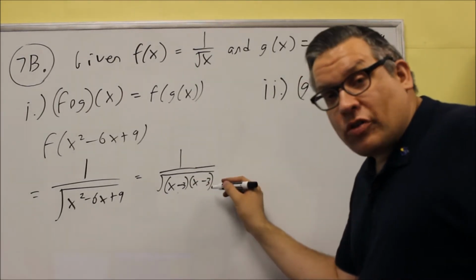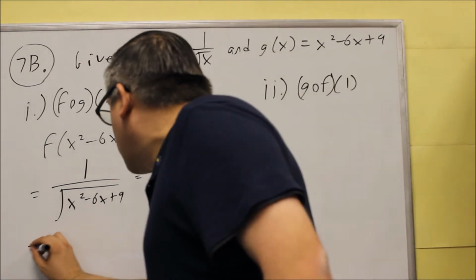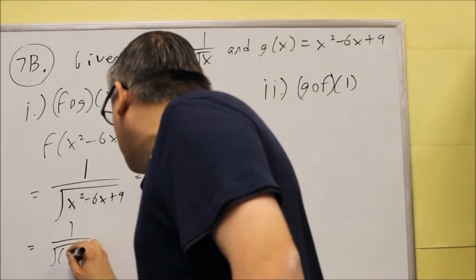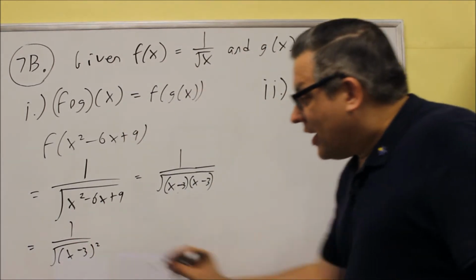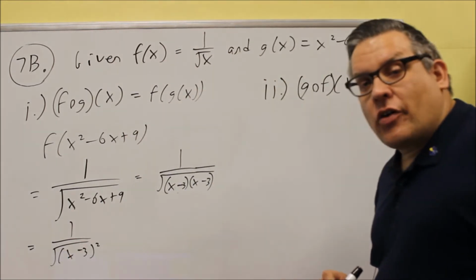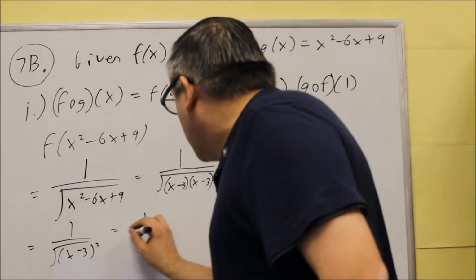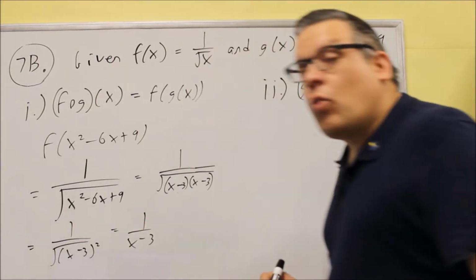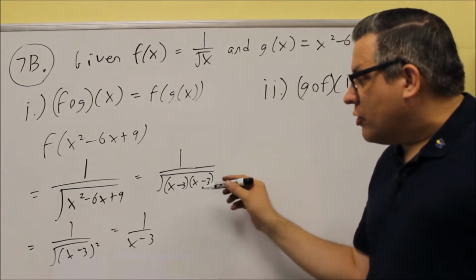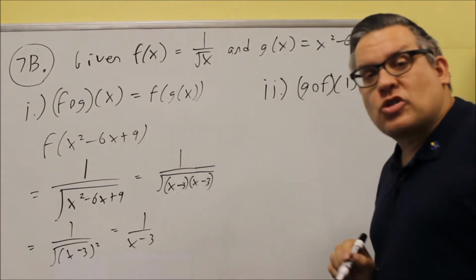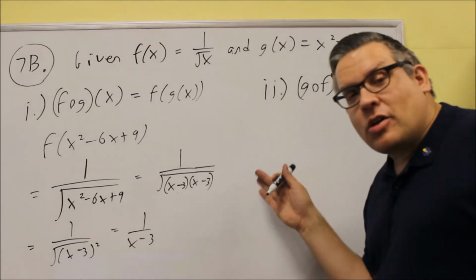Now I can do one more thing as far as simplifying is concerned. I can write that as 1 over square root x minus 3 quantity squared, and the square root is going to take care of the square here, leaving you with 1 over x minus 3. Now it's very important to note that when you do something like this, you can't just arbitrarily square both things without there being an equation.